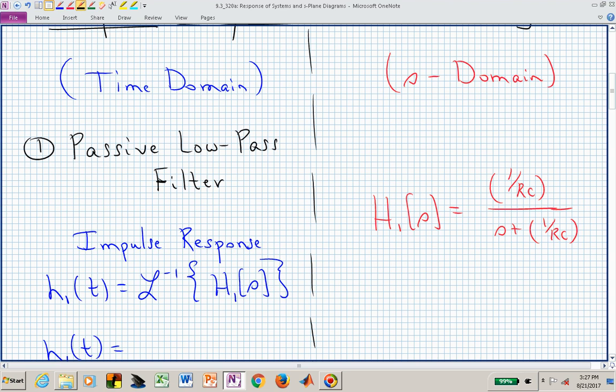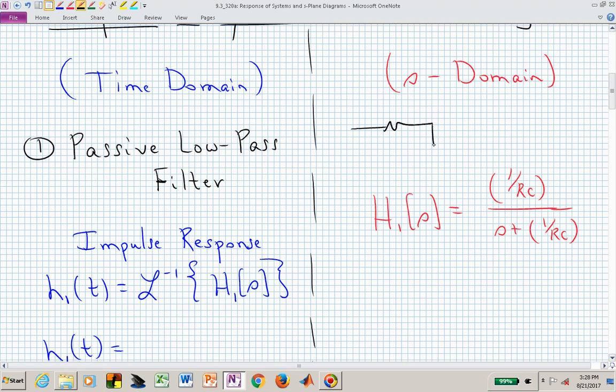So we have the time domain and the S domain, or frequency domain, and let's look at this connection between transfer functions, input waveforms, and outputs relative to a very classic system, a passive low-pass filter. If I were to say, give me a transfer function of a passive low-pass filter, you could quickly sketch the S-domain circuit diagram that you now should be very comfortable with.